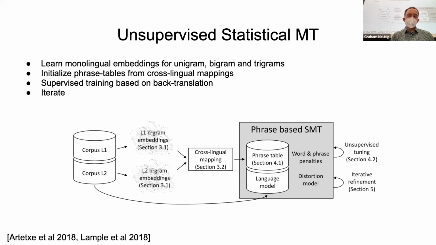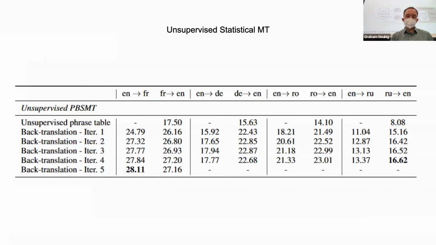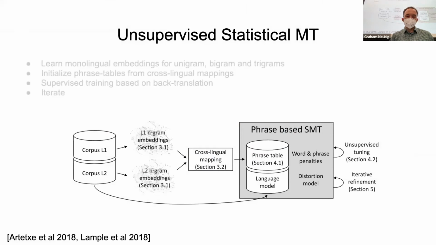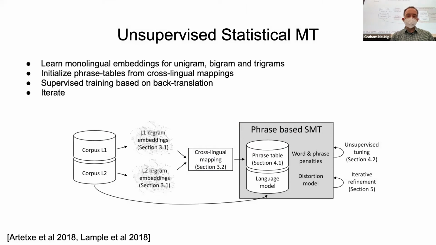What this means is basically you take the phrase tables from cross-lingual mappings, you estimate a language model on the target language, and then you translate all of the monolingual data.